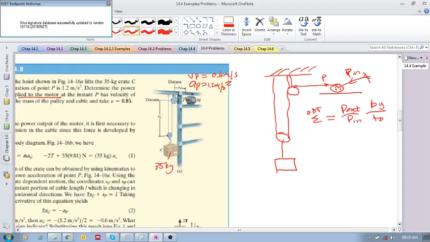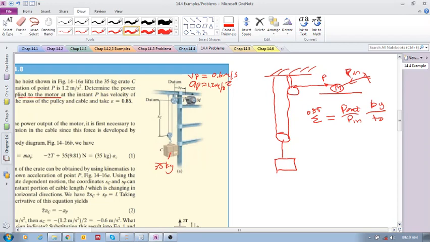Now P out is the power that the motor is delivering right there at point P, right outside the motor. This is where the motor is supplying power.